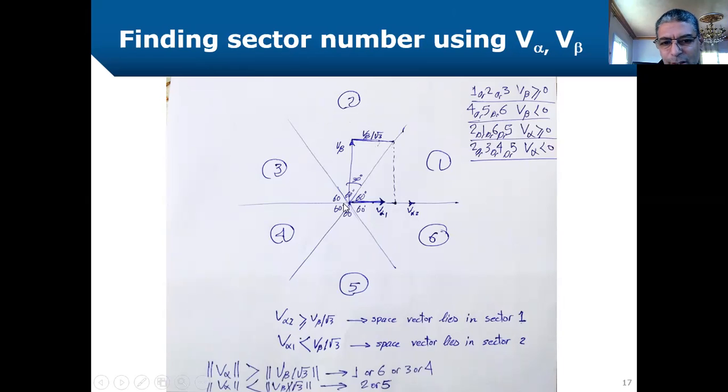The same applies here. If we mirrored this rectangle on this side, the space vector is either in 3 or in 2, based on the comparison of V alpha and the V beta by square root of 3 magnitude. So there are simple logic conditions that will tell us where we exactly can locate the desired space vector.